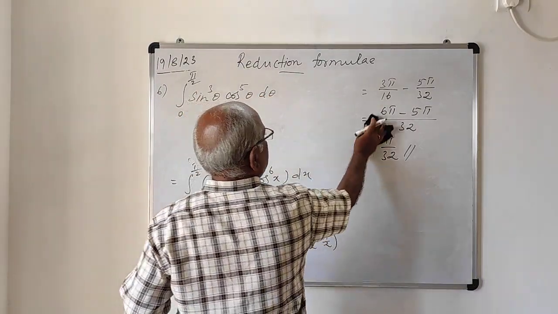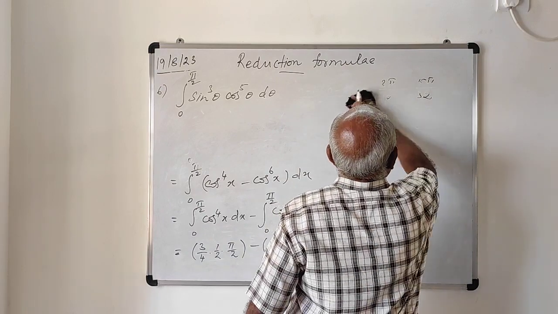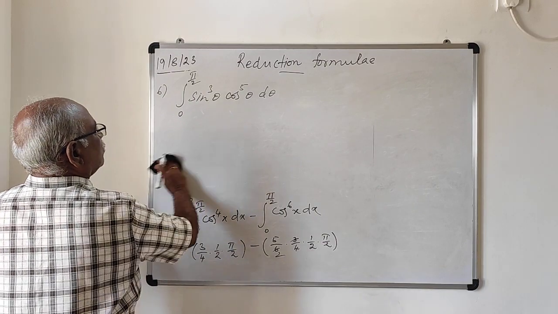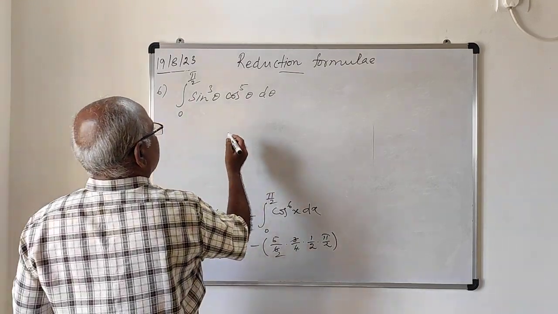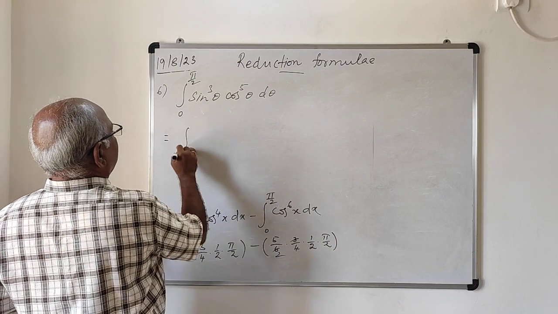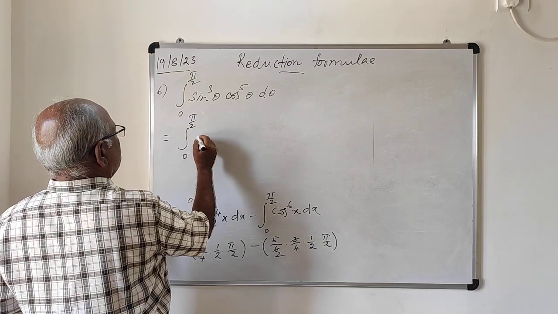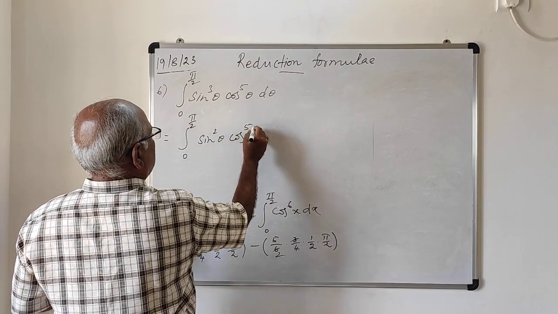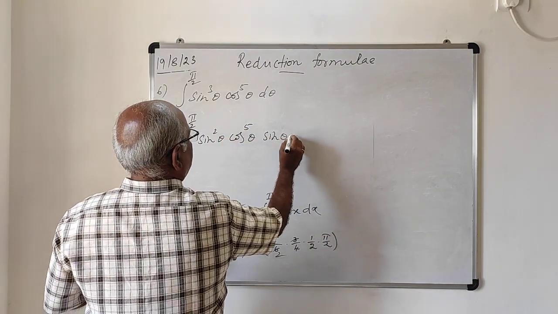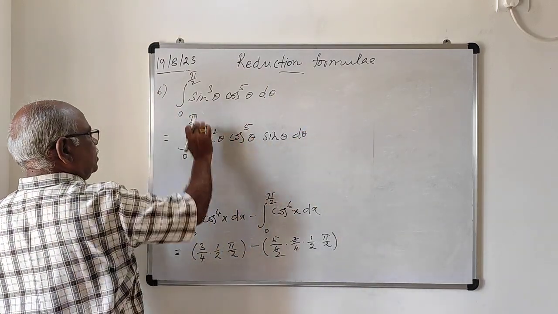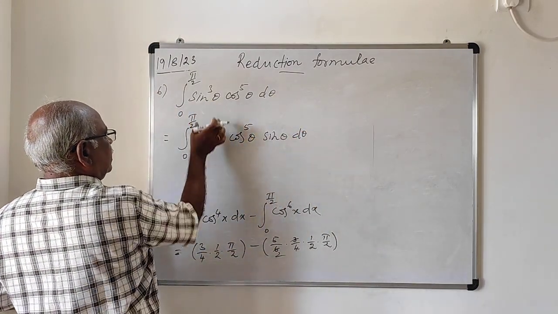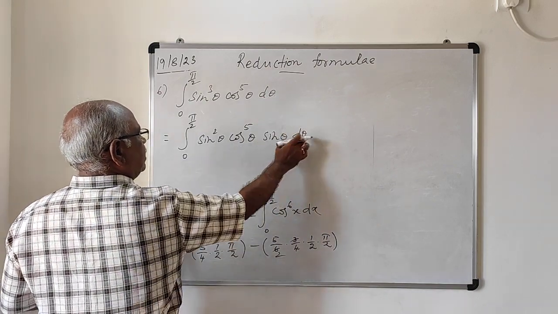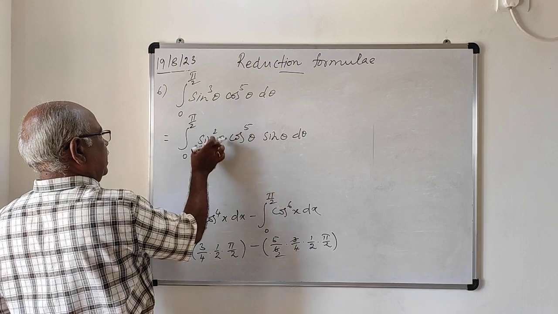In this case, you rewrite this problem as integral 0 to pi by 2 of sin square theta into cos power 5 theta into sin theta d theta. I split this sin cube into sin square into sin. One sin I add with the d theta, sin theta d theta, and the remaining is sin square theta.